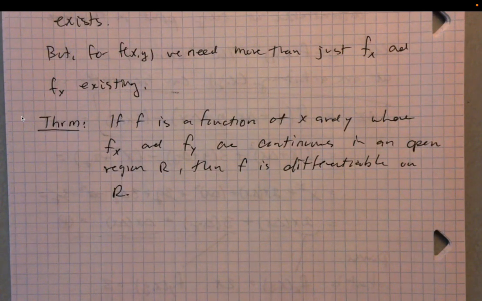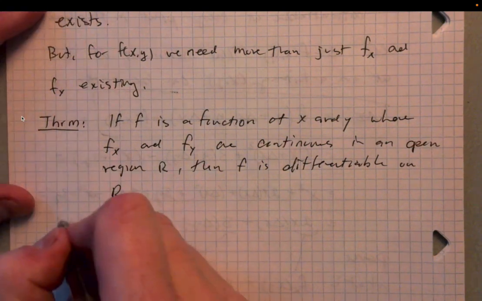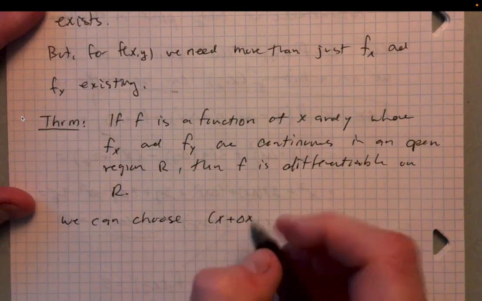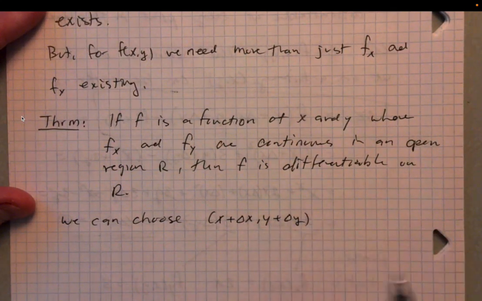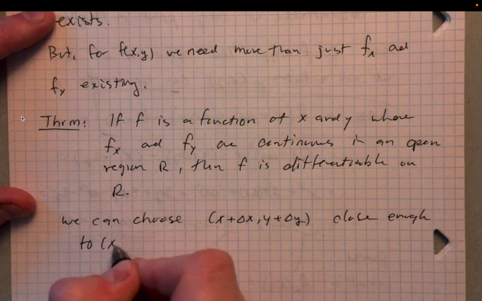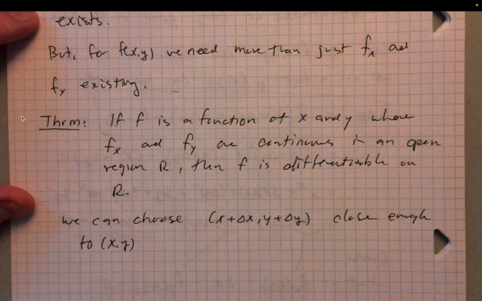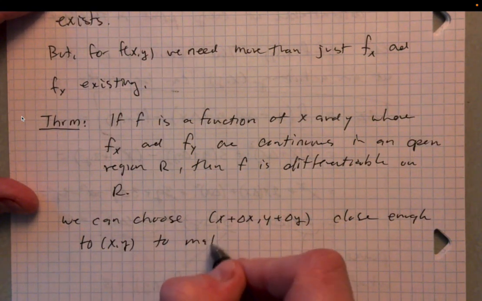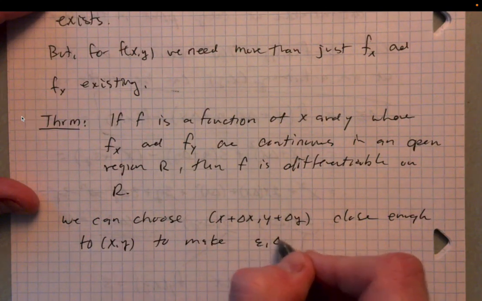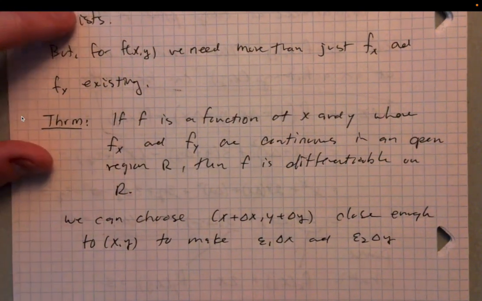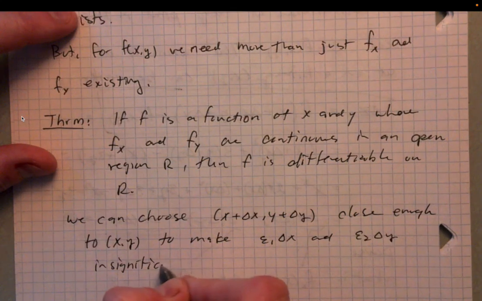So this theorem basically tells us that we can choose x plus delta x and y plus delta y close enough to xy to make those two leftover pieces, epsilon 1 delta x and epsilon 2 delta y, insignificant.